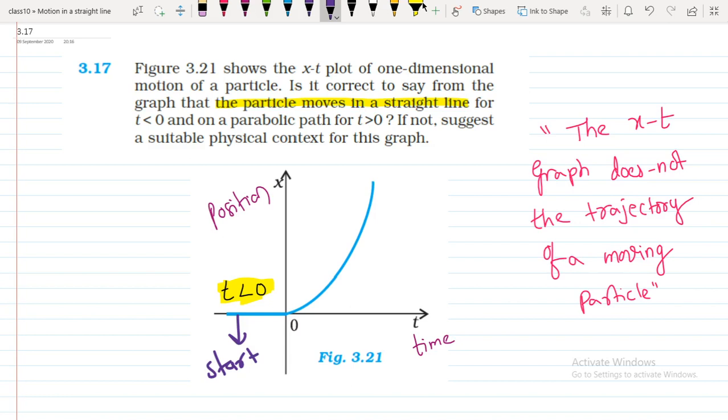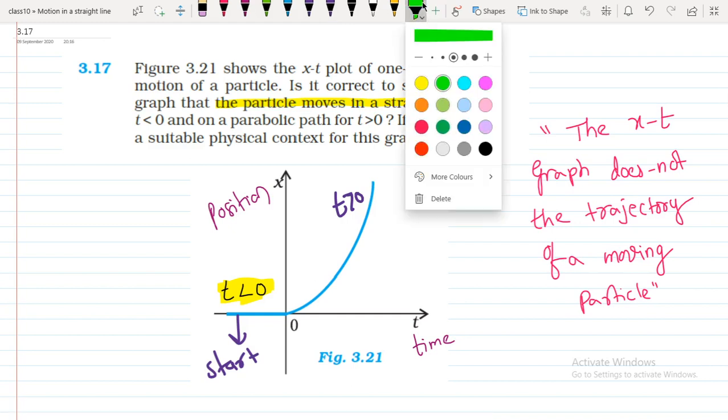Now from 0 to t, here you can see time greater than 0. When time is less than 0, the position is at 0 itself. It means suppose you park a vehicle yesterday. So the vehicle is at rest from yesterday until today, and that can be represented in this portion.